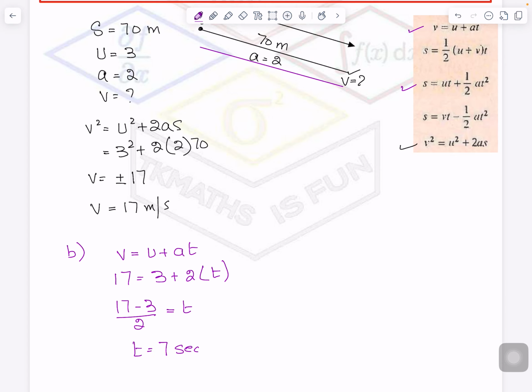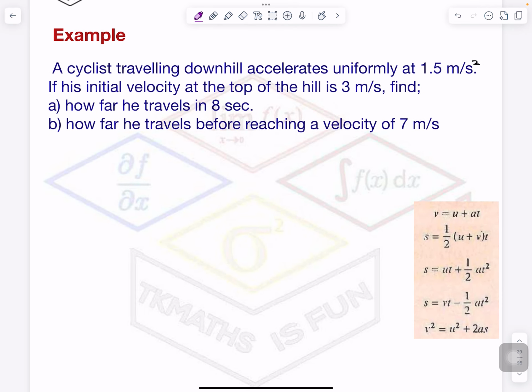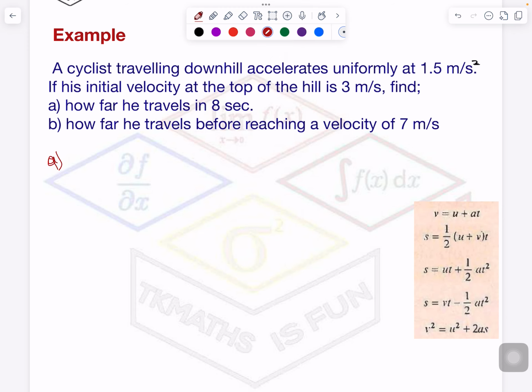Okay. So now I will explain one more and then I will give you one for you to do. But this one also you can do yourself if you want to try. So you can put the video on pause and try it. Else I am solving it here. Okay, so part A. Let's see what information is given to us first.